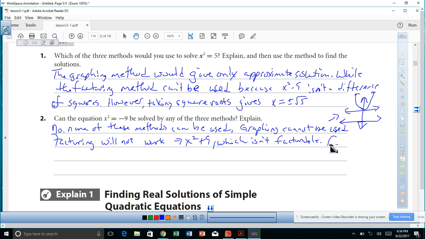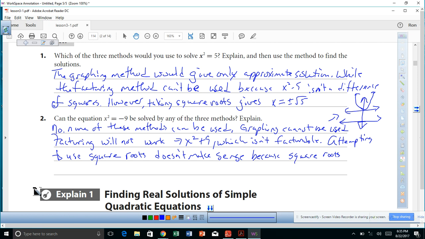Attempting to use square roots doesn't make sense, because square roots of negative numbers aren't defined.